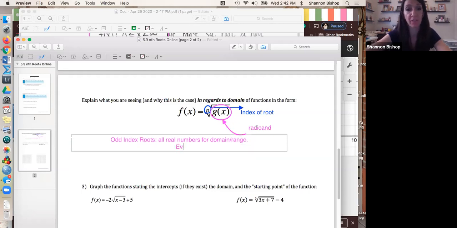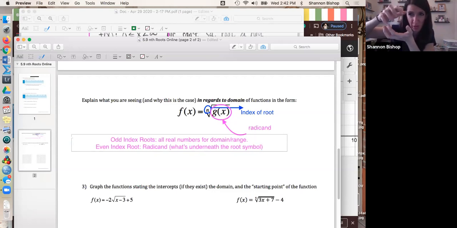But if it's an even index root, then you have to make sure that the radicand, and when I say radicand, I just mean what's underneath the root symbol. Okay, that's what the radicand is, whatever is underneath there.